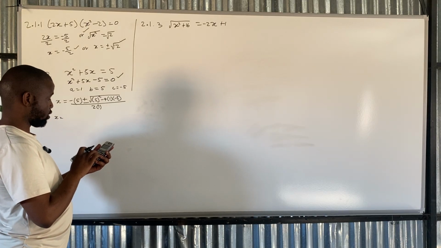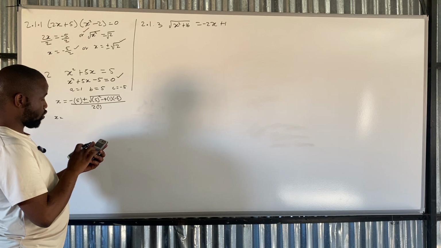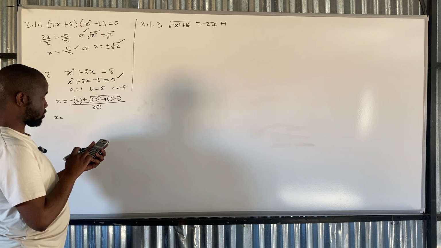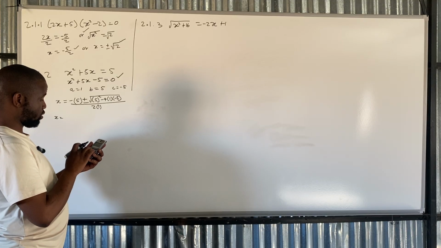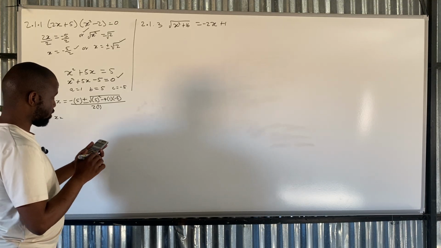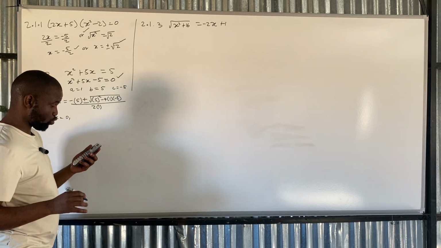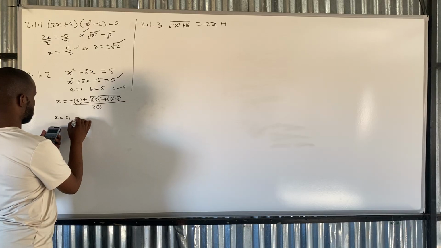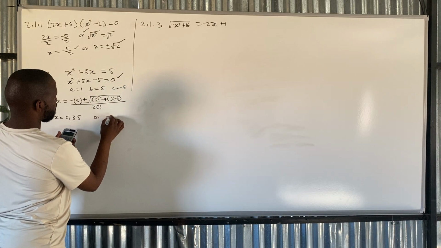So it's negative 5 plus the square root of 5 squared minus 4 times a times c, which is negative 5, and then 2 times 1. Then my first value of x is 0. They said correct to 2 decimal places, so it's going to be 0.85.